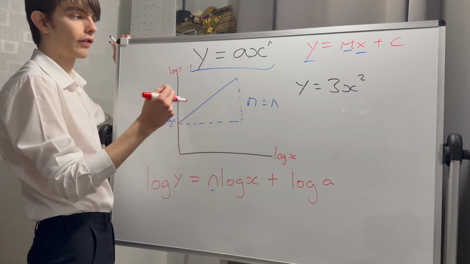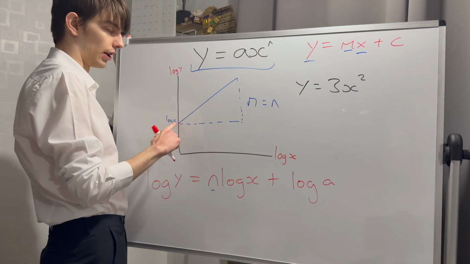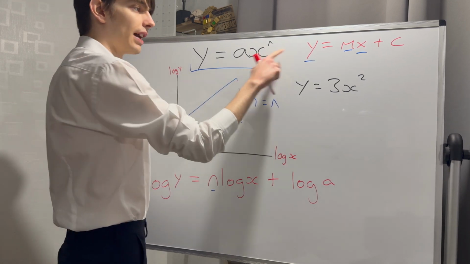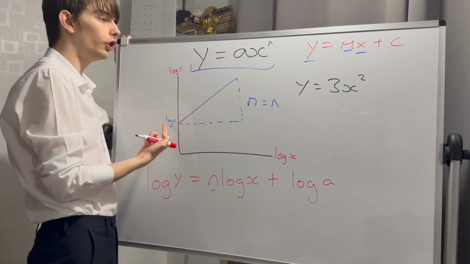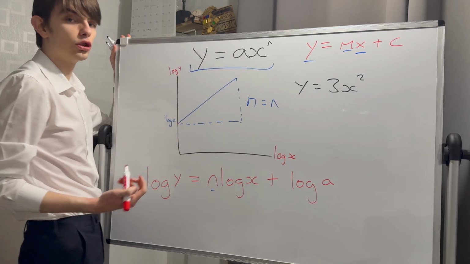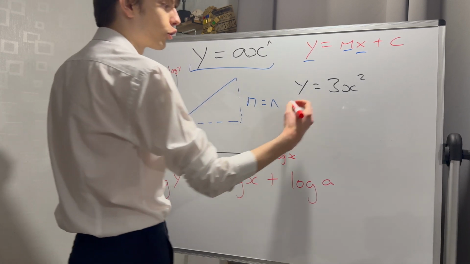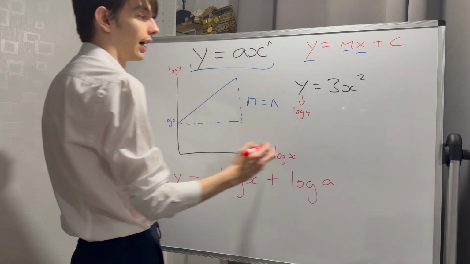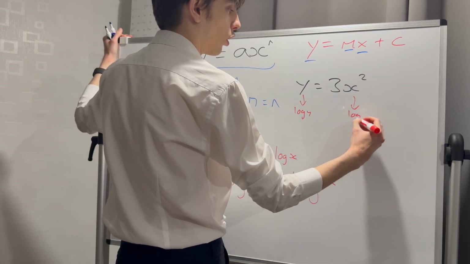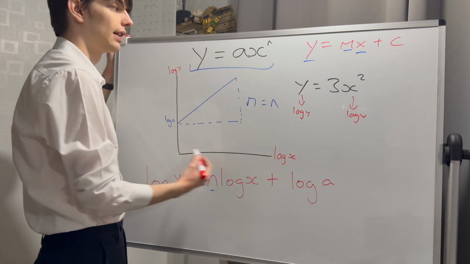So if I type log of 3 into my calculator, it will hit the y-axis there. My n is 2, so it will be a straight line with a gradient of 2, and then it would just be a case of plotting a table, translating y into log of y to plot here, and translating x into log of x to plot here.